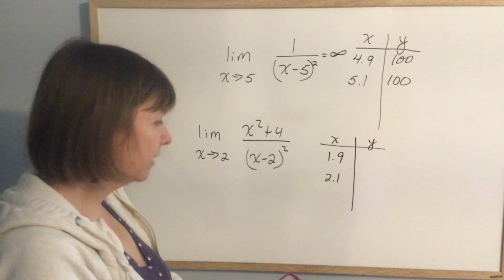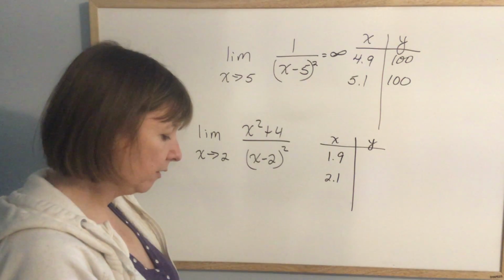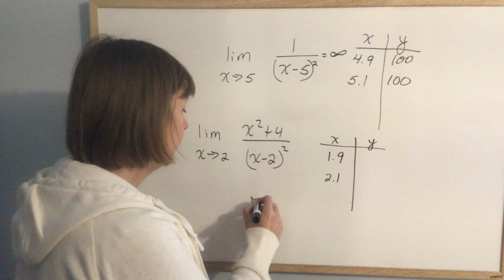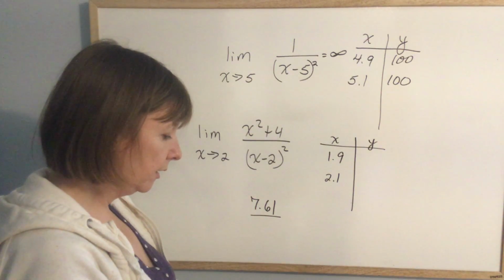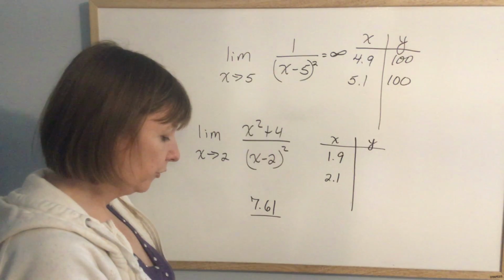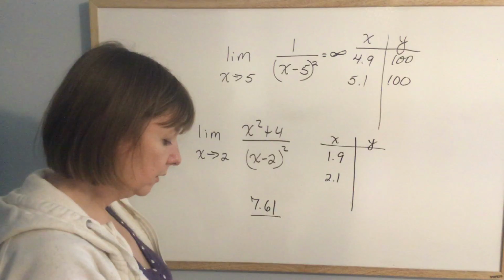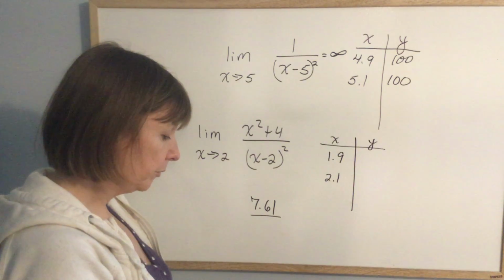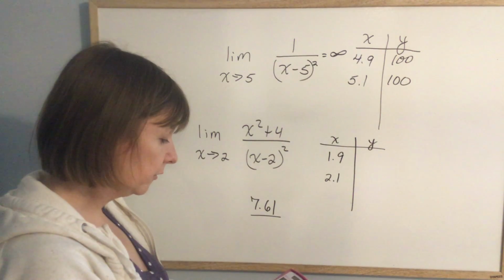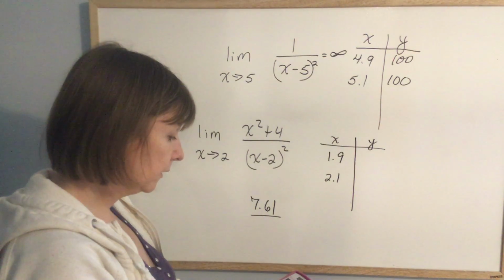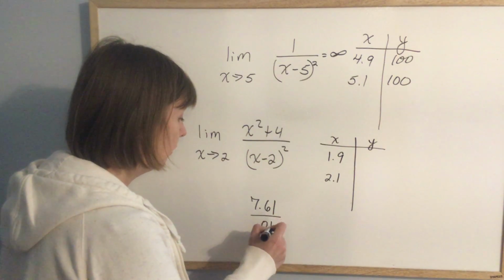If I do 1.9 squared plus 4, on the top I have 7.61. On the bottom, 1.9 minus 2 squared, I get 0.01.